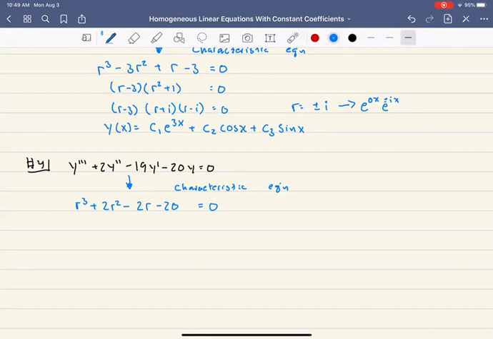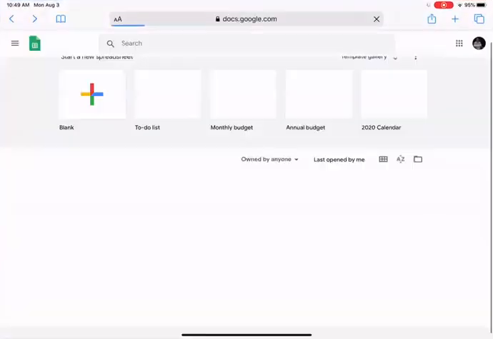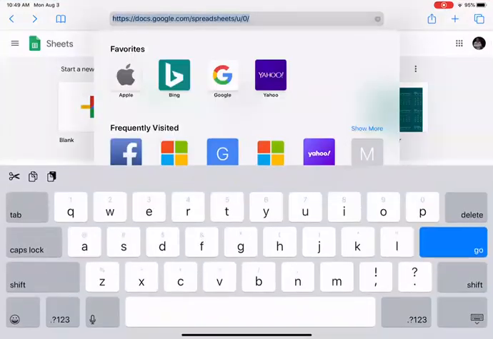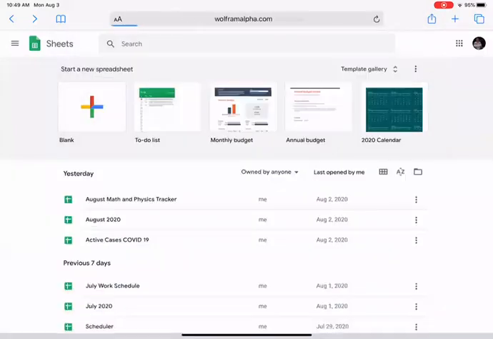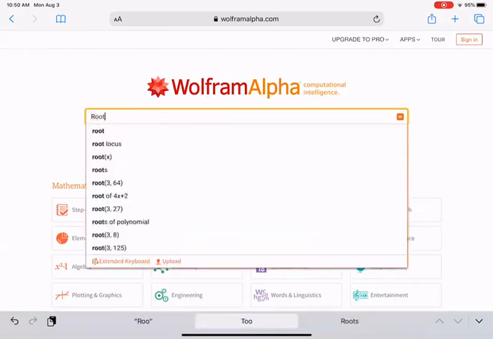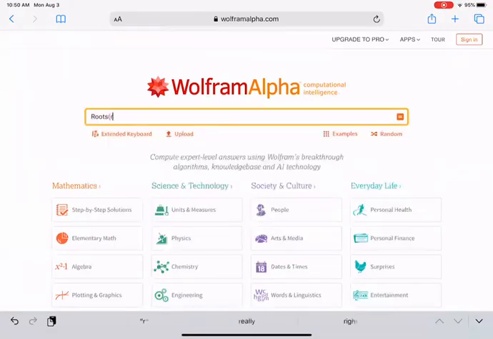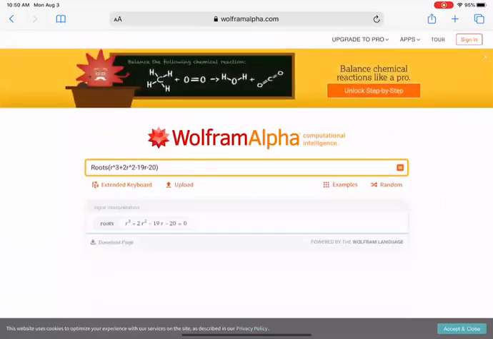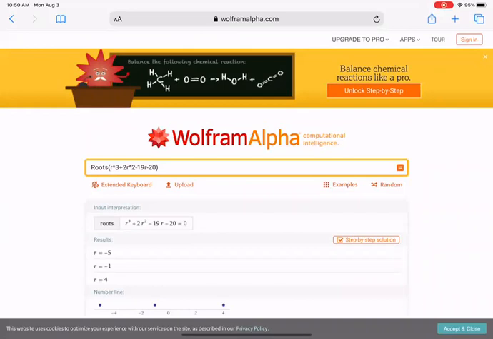So let's say you were to go to Wolfram Alpha and type roots of r cubed plus 2r squared minus 19r minus 20 and go, and it says -5, -1, and 4.